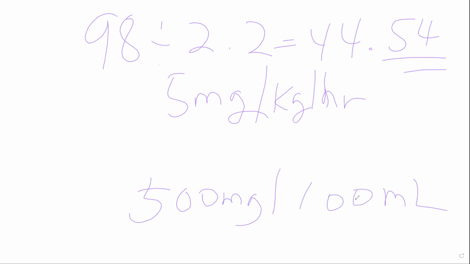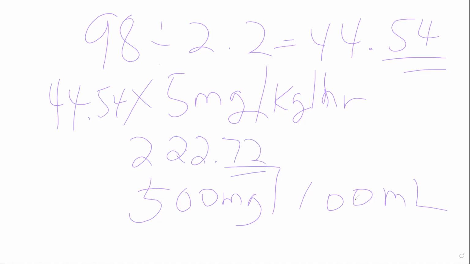So now we can just take our weight, multiply times that. That should give you 222.72. And this is already in milligrams, right? So it's already milligrams and it's already hour.